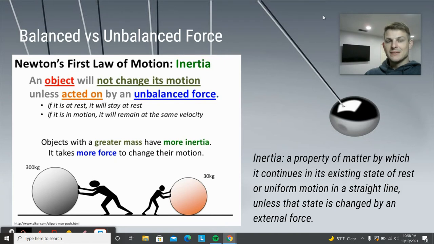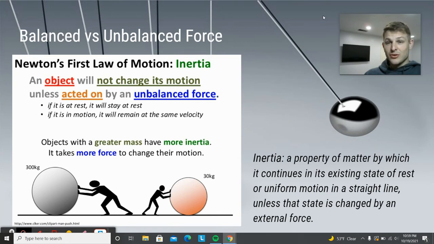So it's a property of matter that states that an object is going to continue in its existing state of rest or uniform motion unless it's acted on by an unbalanced or external force. Okay, these things like to stay where they're at, stay what they're doing, resistance to change, anything that has matter. And the more matter you have, the greater mass you have, the more resistance to change you are.